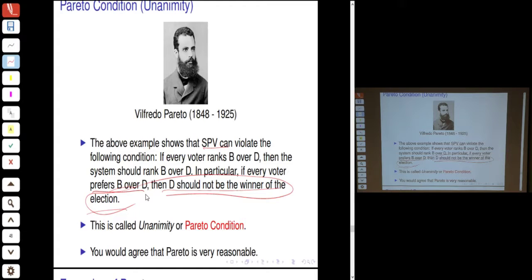It makes no sense, right? Because for this particular candidate D, there is at least one candidate who is preferred to D by each and every single voter. So there is no logic that D should be the winner of the election. This sounds like a natural condition. This is called unanimity or the Pareto condition, and you would agree that the Pareto condition is very reasonable.